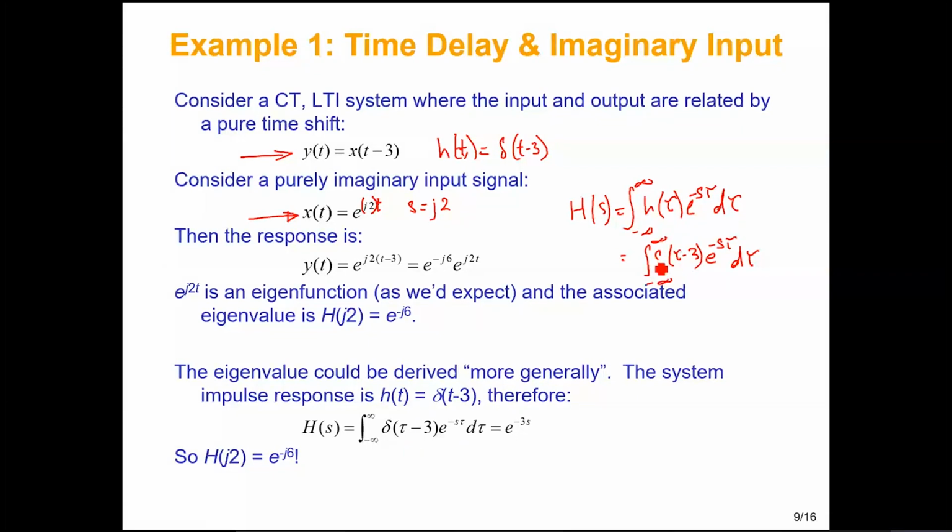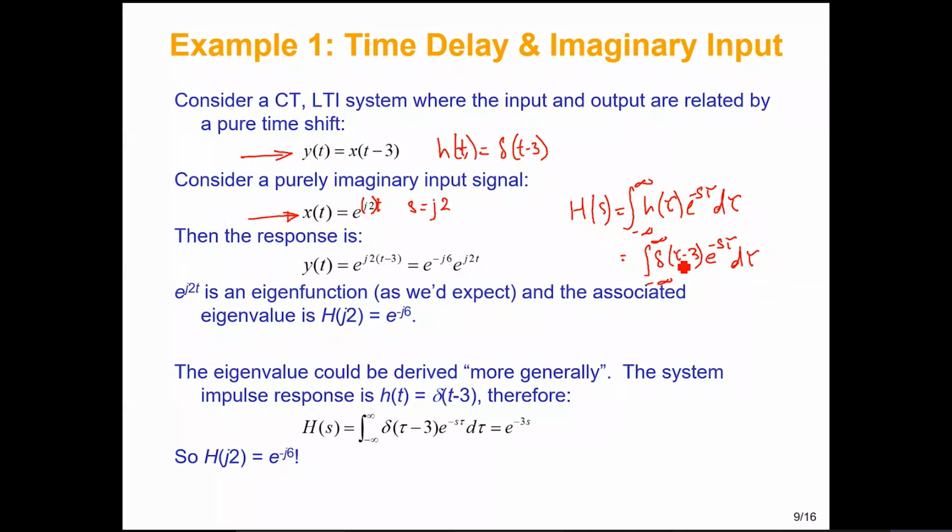Now, if you have an integral in which a delta function is there, it is basically integration of this product for the whole range of tau from minus infinity to infinity. But we know that in this product, the first term, which is the delta term, has value only at tau equal to 3. At all other values of tau from minus infinity to infinity, this will be 0.